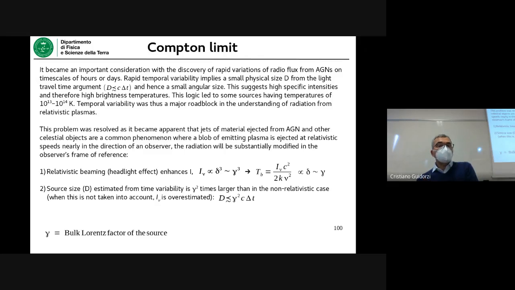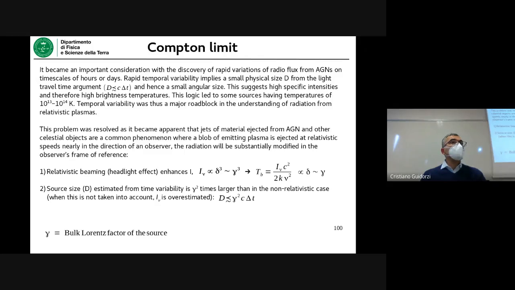Once you take into account this relativistic beaming effect and correctly estimate these quantities, you immediately see that the Compton limit is no more violated. So indeed, this is an explanation, and this can be used as a hint. Whenever you measure a brightness temperature which is above the Compton limit, it can be a clue.